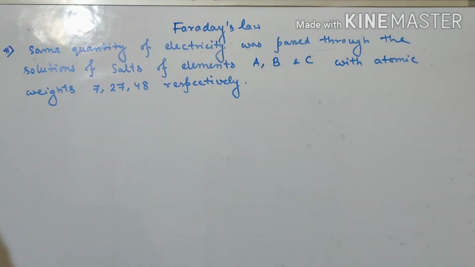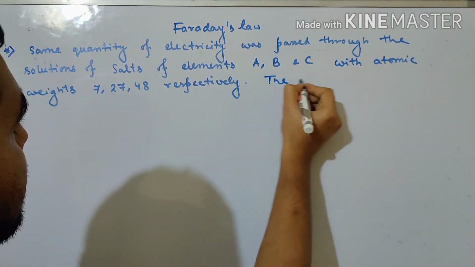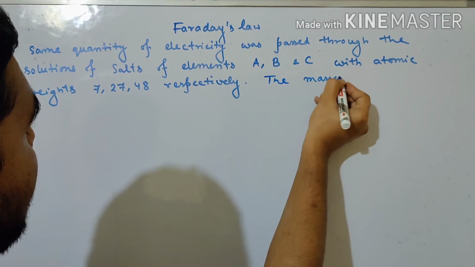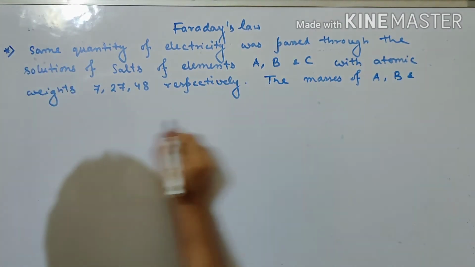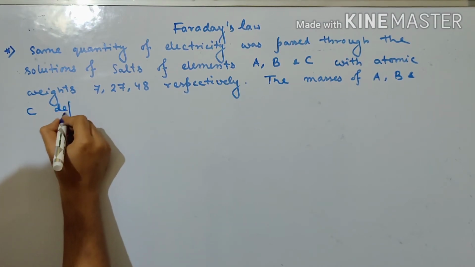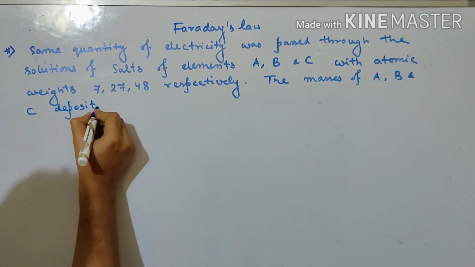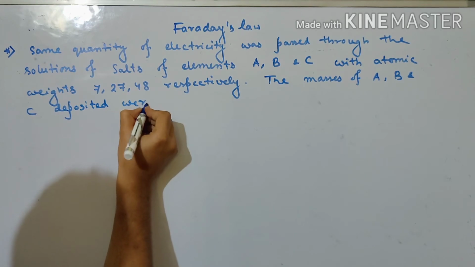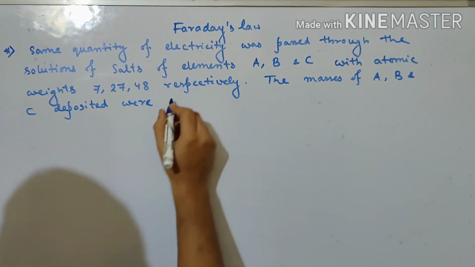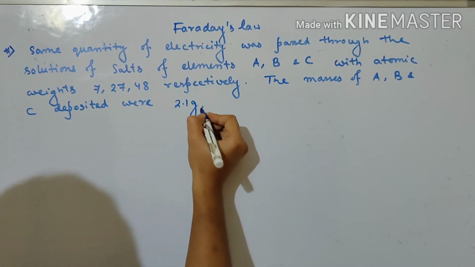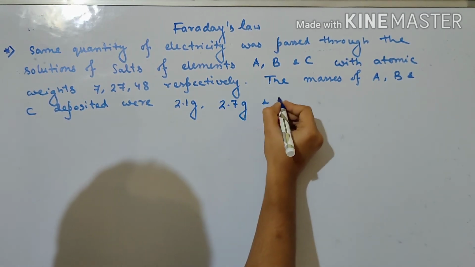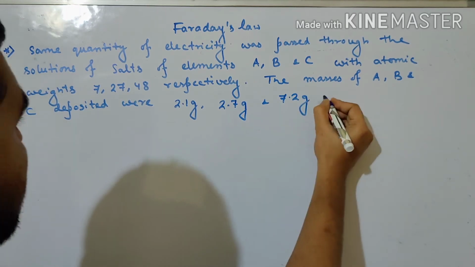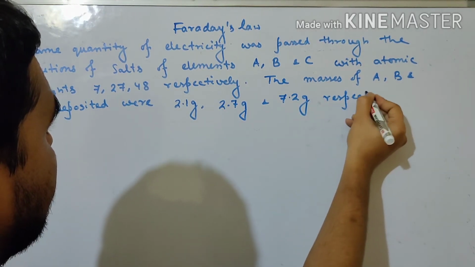The masses of A, B and C deposited were 2.1 gram, 2.7 gram and 7.2 gram respectively.